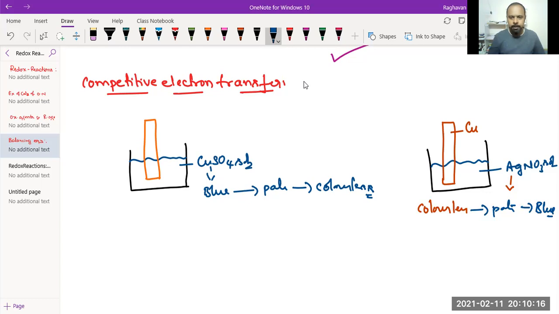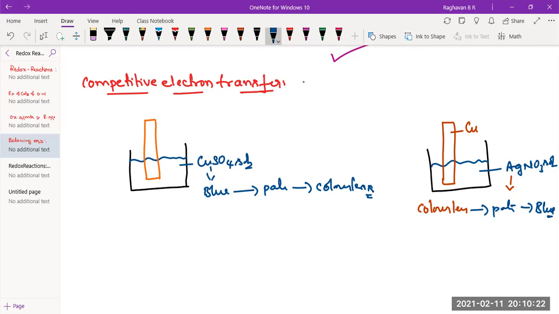Can anybody tell me what this is all about? There is one reason that you need to give. Both can be explained with one single phenomenon. That is why we call it competitive electron transfer.